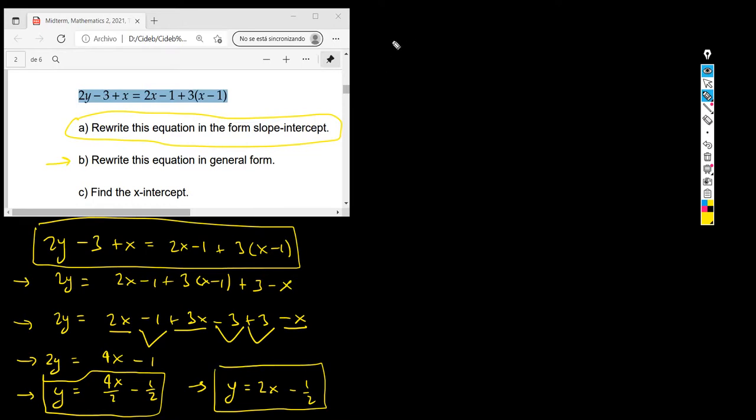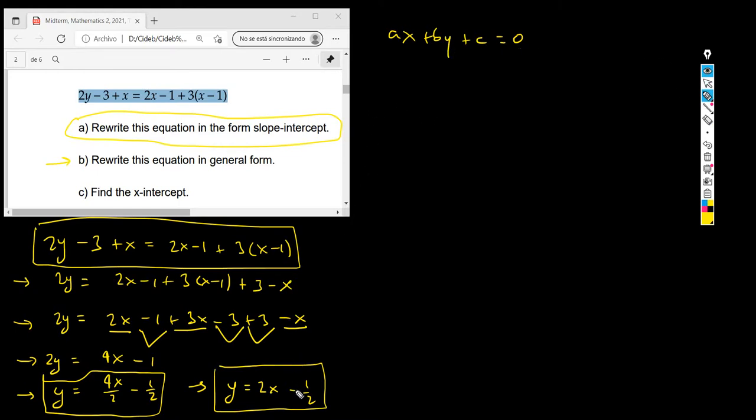For the general form, remember we have ax plus by plus c equals 0. This is how the general form of a straight line looks. Some constant multiplying x plus some constant multiplying y plus some constant being equal to 0.